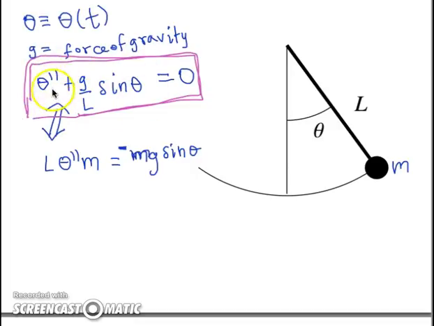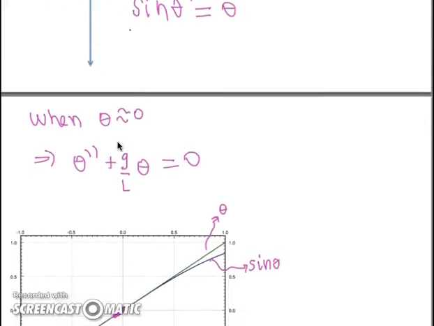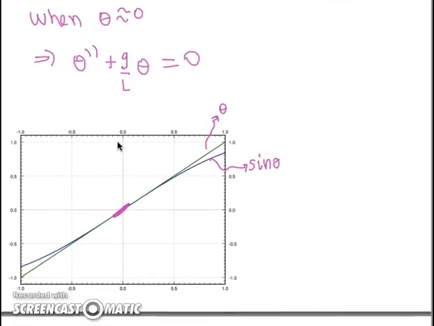This involves a derivative of order 2, but this equation is not linear in theta. But by making an approximation for theta relatively small, this now becomes a second order linear ordinary differential equation with constant coefficients, right? So here is 1, and g over L is also a constant.